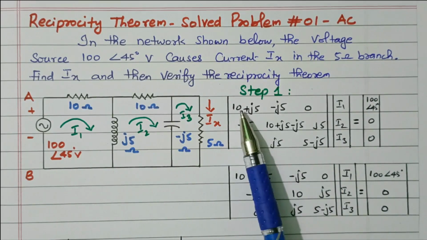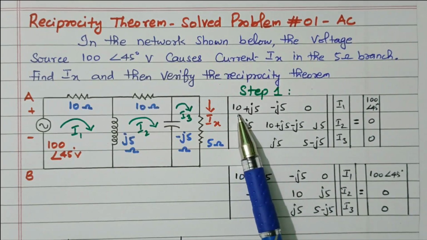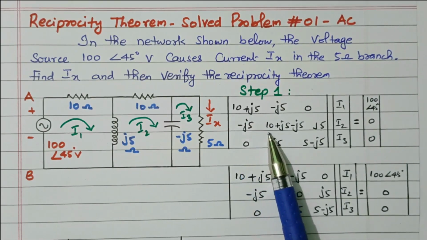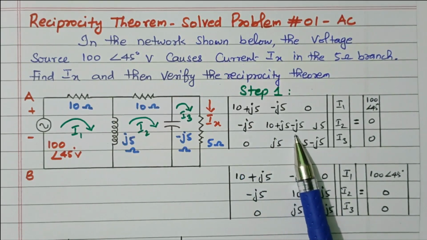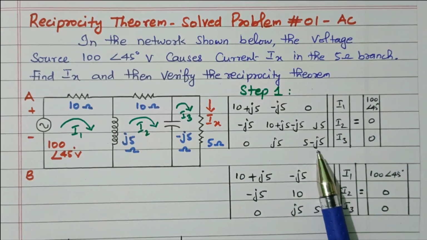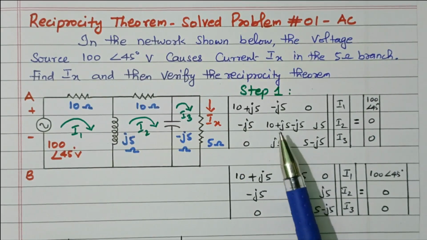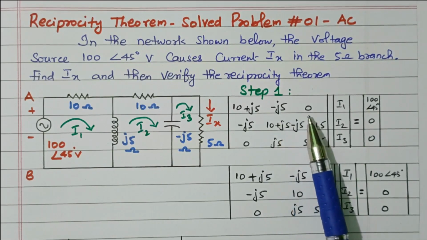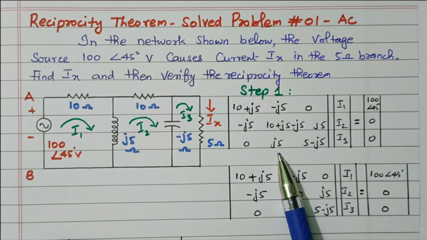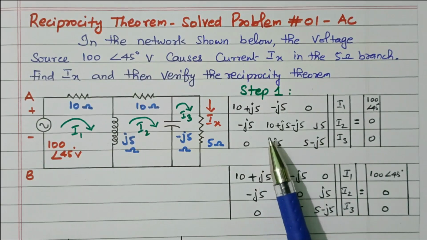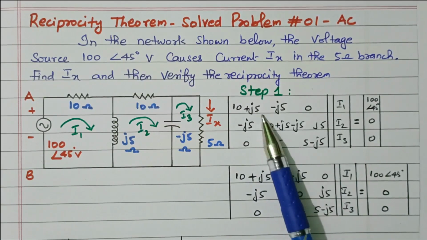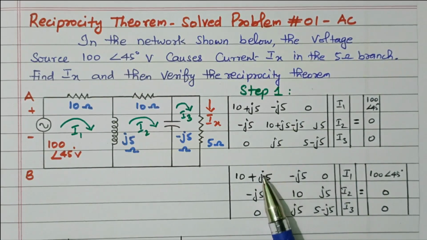So we framed the impedance matrix. R11 is the total impedance available in loop 1, R22 means the total impedance available in second loop, and R33 the total impedance available in loop 3. R12, R13, R21, R23, R31, R32 are the common impedances between the loops. Other than diagonal, all are negative.